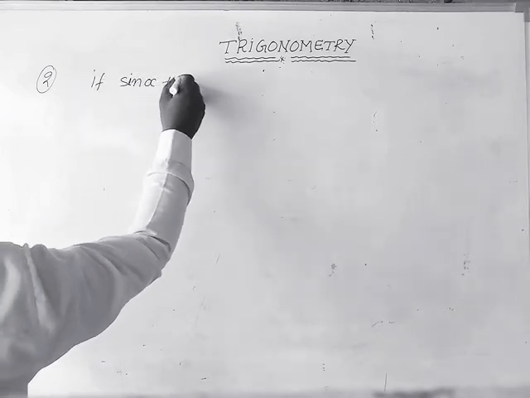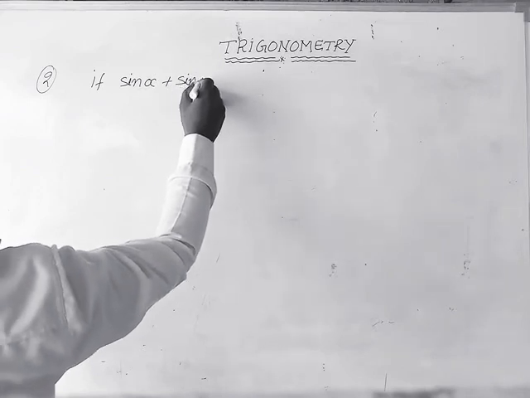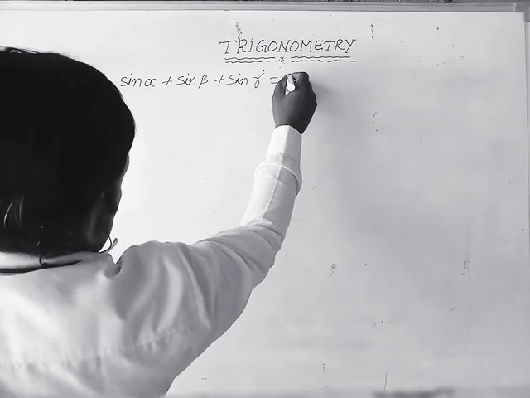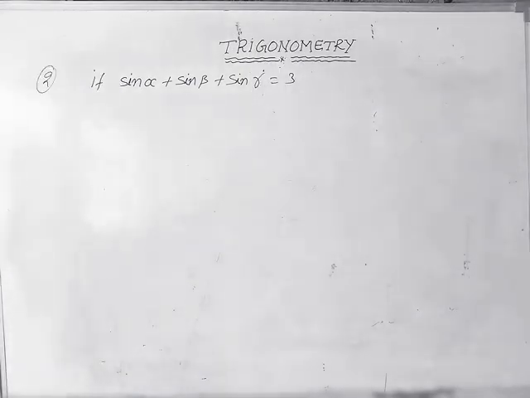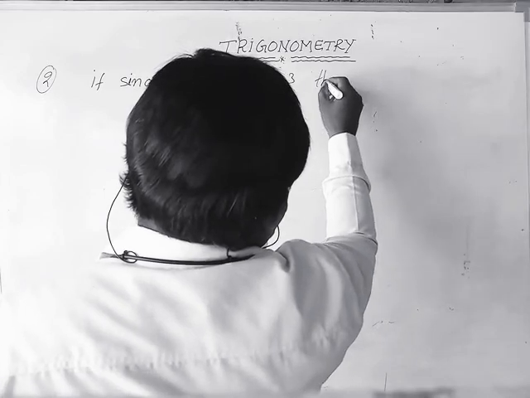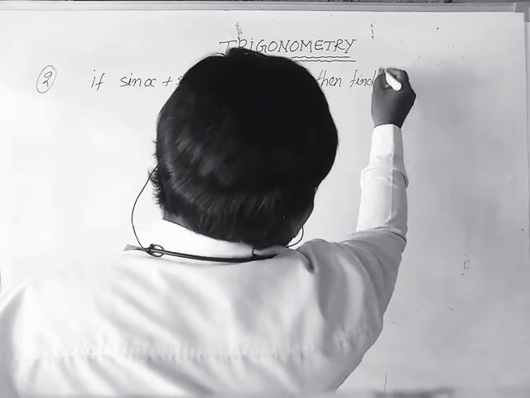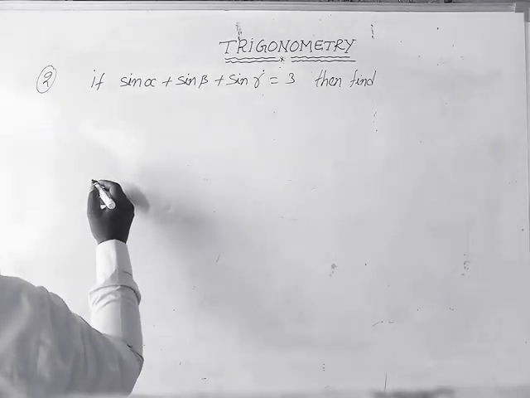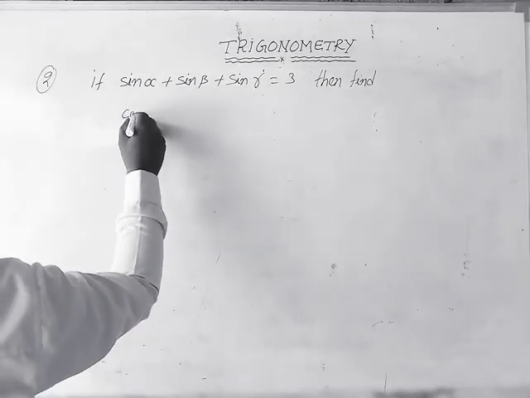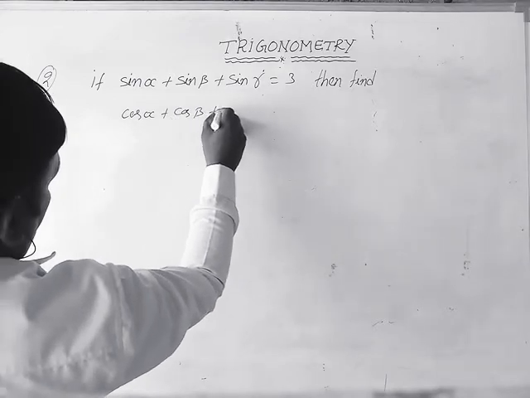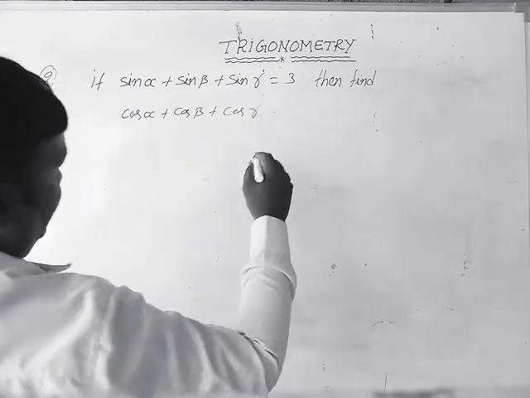If sin alpha plus sin beta plus sin gamma is equal to 3, then find cos alpha plus cos beta plus cos gamma.